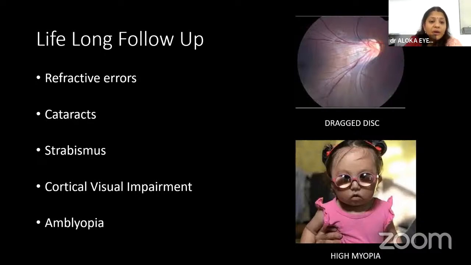Also cortical visual impairment because of periventricular leukomalacia, and amblyopia. Sometimes a partially treated retina has a cicatricial retinal disease called drag disc, and these are the ones which have poor central fixation, squint, eccentric fixation, strabismus, and high myopia. So these are the patients who require refractive correction also.